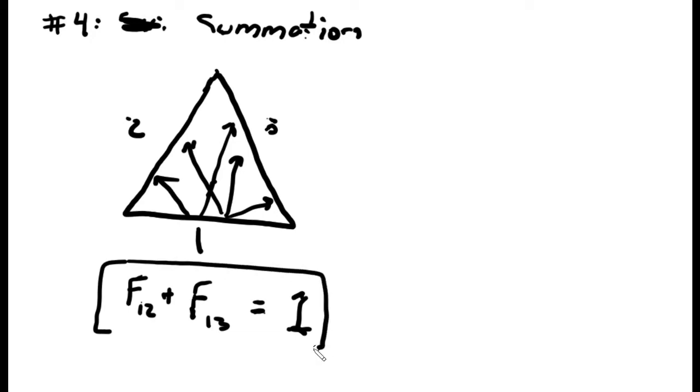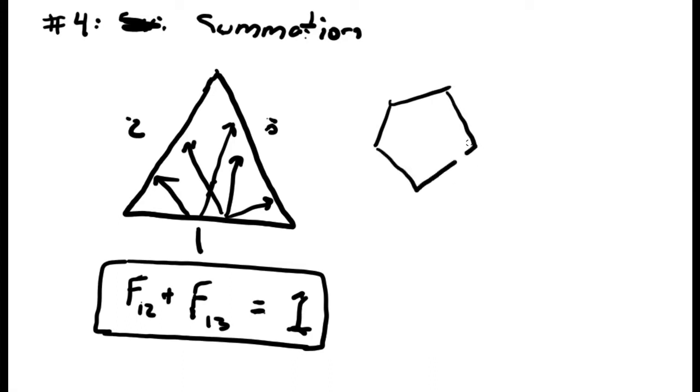So the summation rule tells us that heat leaving from 1, in this enclosure, to all other surfaces must add up to 1. So now if we have a 5-sided enclosure, then we could write the summation rule from this surface, I'm drawing arrows from, to that surface. So the view factor from surface 1 to surfaces 2, 3, 4, and 5 must add up to 1. So that is the summation rule.